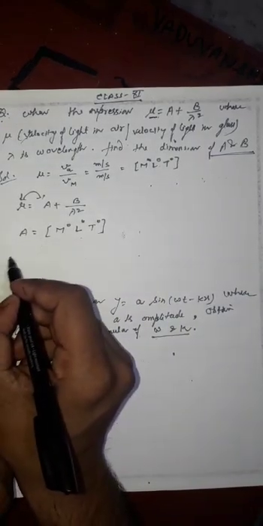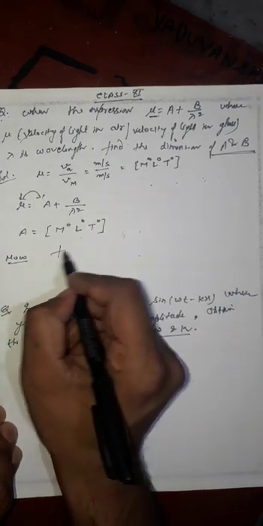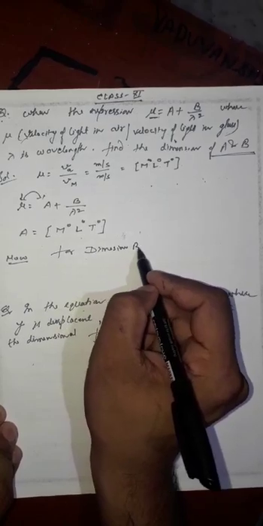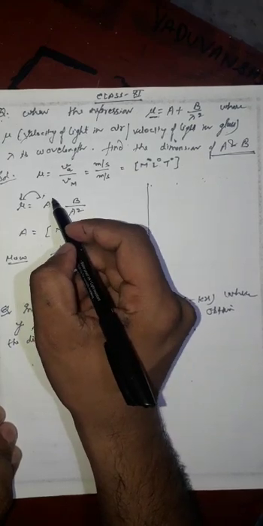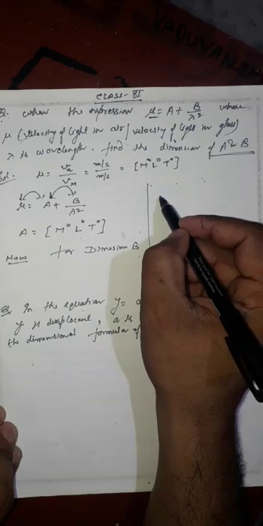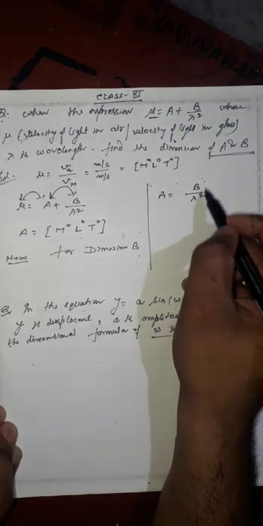And now for the dimension of b, we will also say that, comparing with a, this dimension will be equal to this dimension. Then the dimension of a is equal to b upon lambda square.